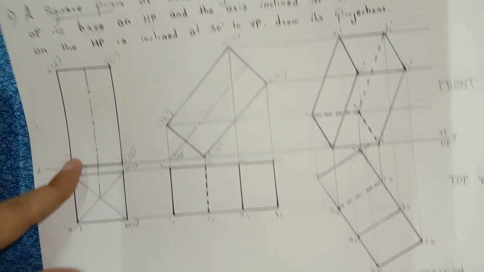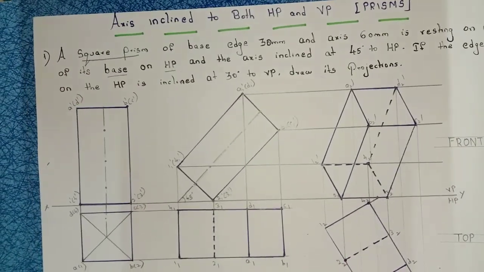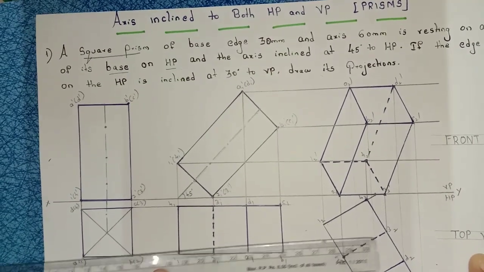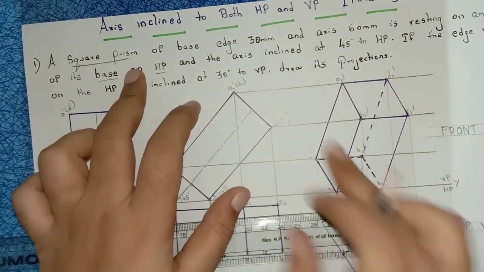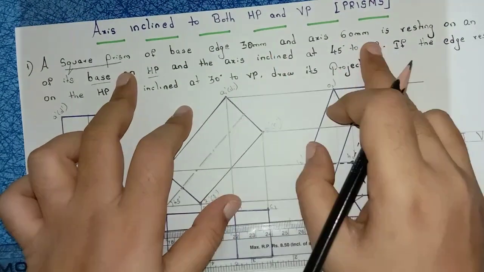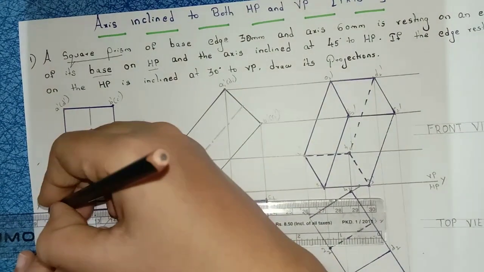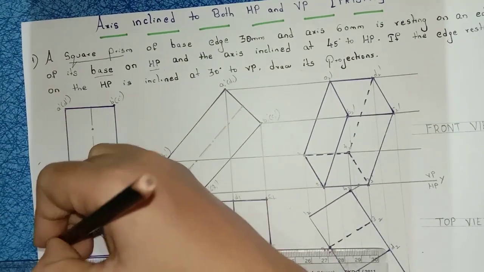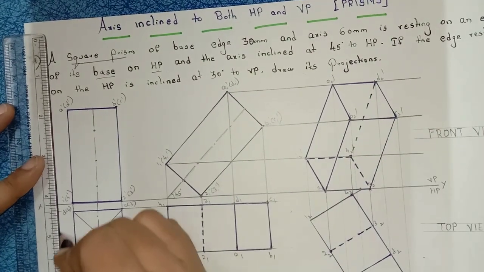Right, now after completion of your problem, mark the dimensions properly. In this question, they mention the side of the square is 30, axis is 60, right? So mark the dimensions. Side of the square is 30 mm, right?